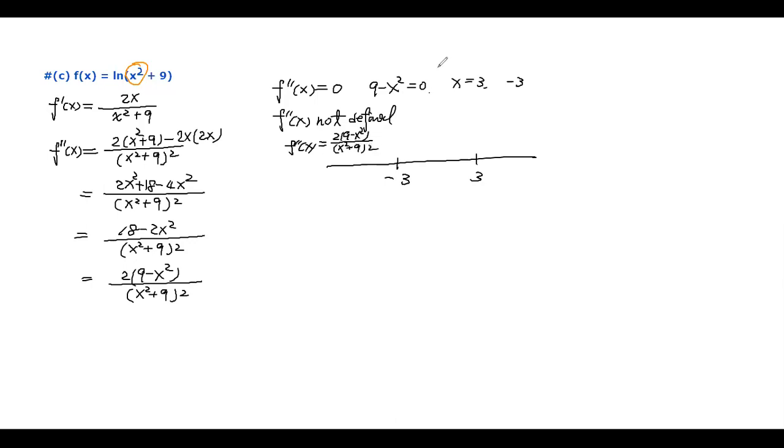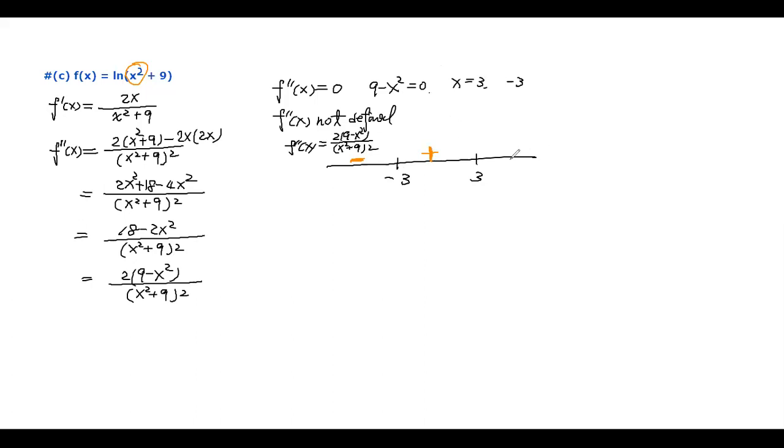So this is 2 times 9 minus x squared over x squared plus 9 squared. Right? So now when x is less than negative 3, you square it, like 4 squared, so 9 minus 16 is negative. So here, f double prime will be negative. Okay, now the middle interval here, choose any point. I say, okay, let's try 0. 9 minus 0 squared is positive, so this is positive, right?